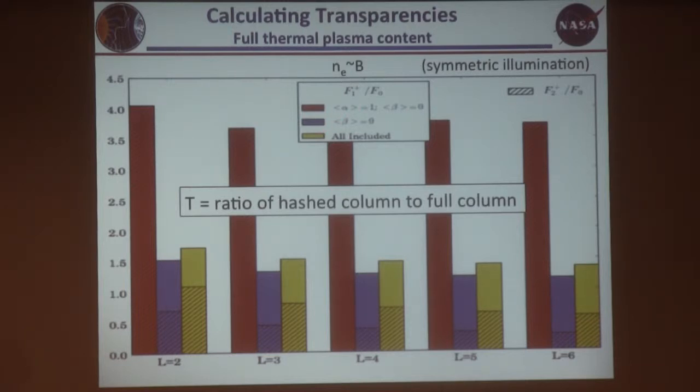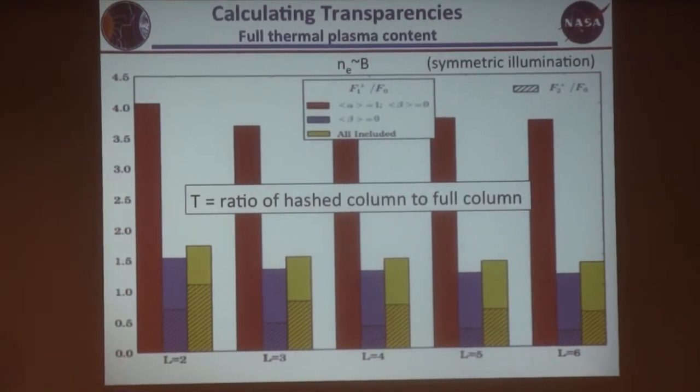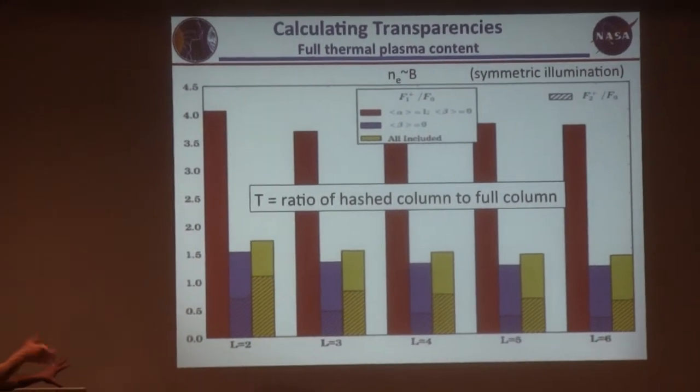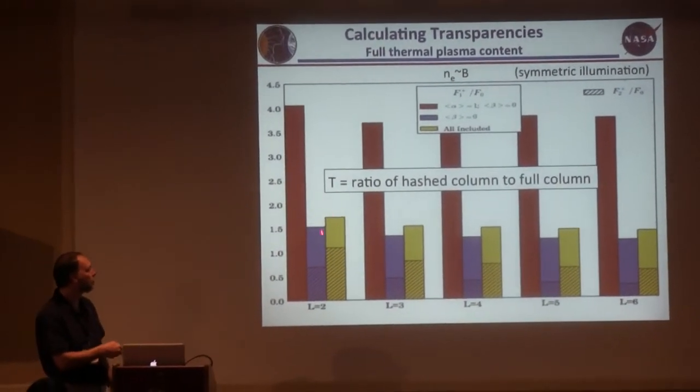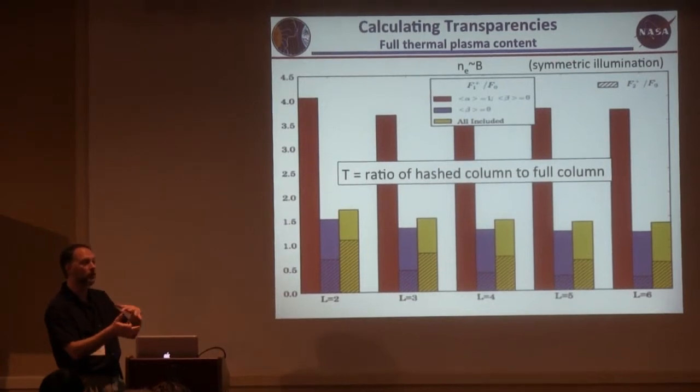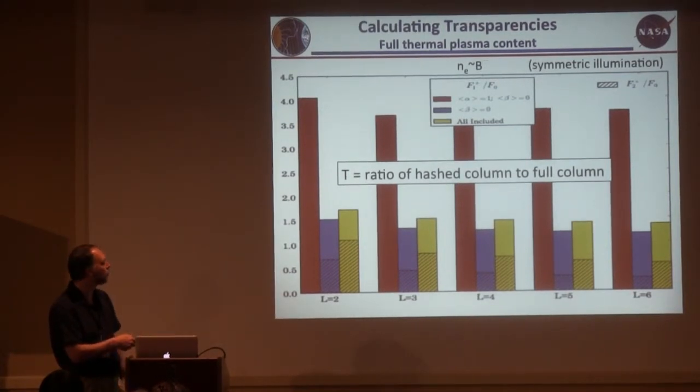But then if you turn on scattering but not the return, you get this blue curve, quite a bit less actually. So you are scattering quite a bit of your photoelectrons into the trap zone, even just on a single pass. And the yellow curve is when you turn everything back on, so now you're allowing the particles to come back and reflect from the conjugate ionosphere, and you return some of those particles.